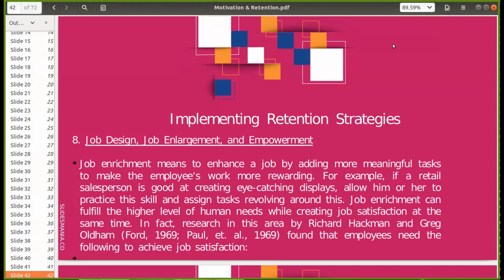No, so importante yun, kailangan match, no? Kaya sa recruitment process pa lang, smooth sailing na, no? So when you say job enrichment, it means adding more meaningful tasks. No? Other than yung pinaka main task mo, you add more meaningful tasks to make the employees' work more rewarding.